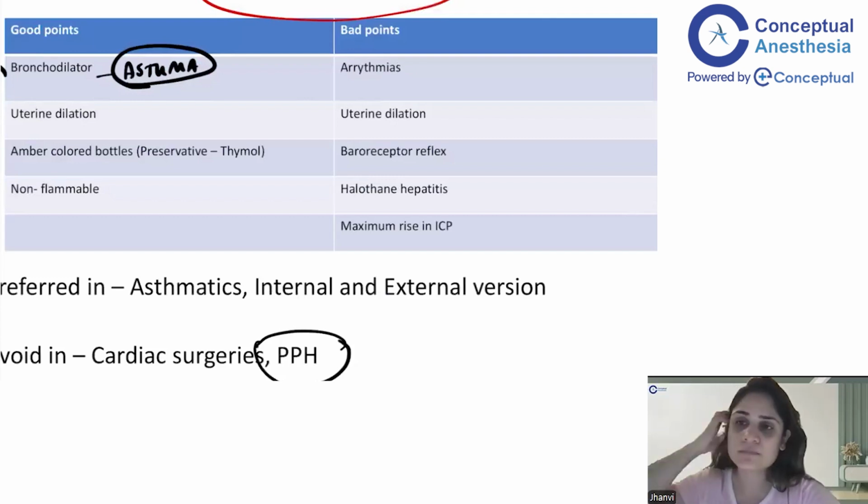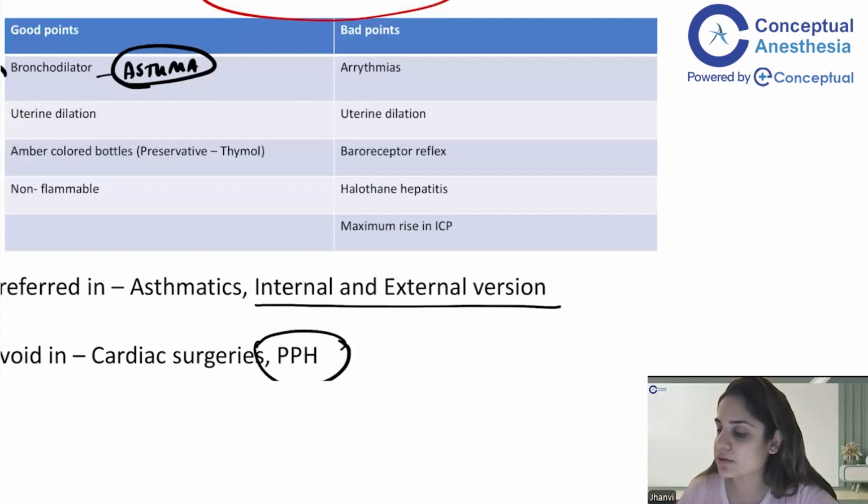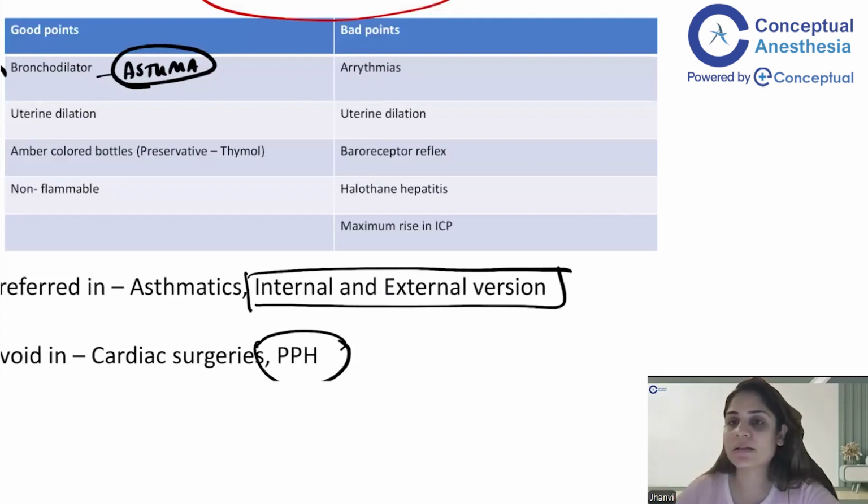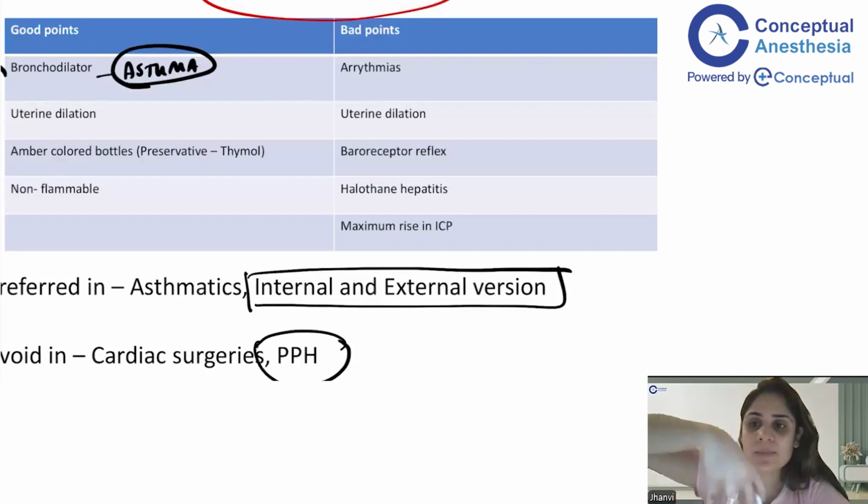Another thing you need to know is that there is also a converse of whatever we are talking about. Halothane is preferred in case of internal and external version. What is internal and external version? This used to be done previously, when the baby does not have the vertex as the presenting part.